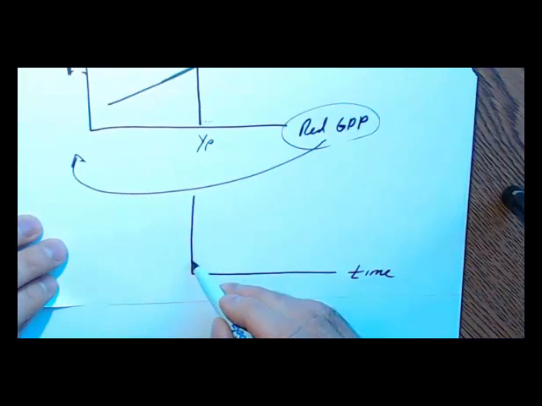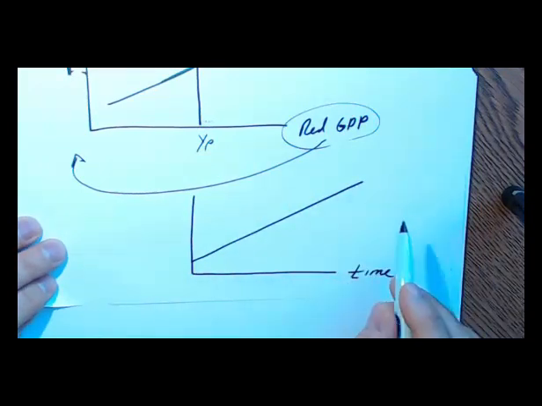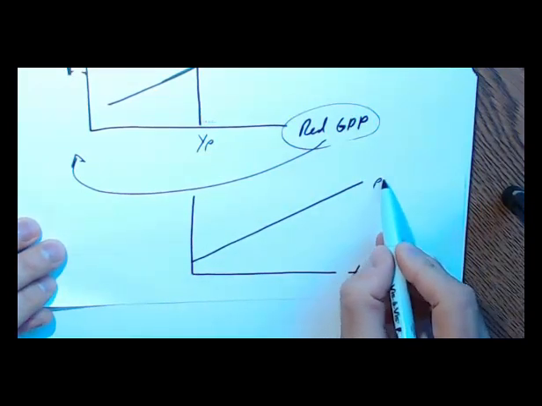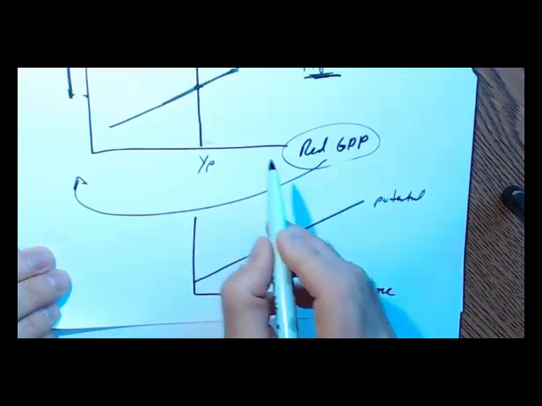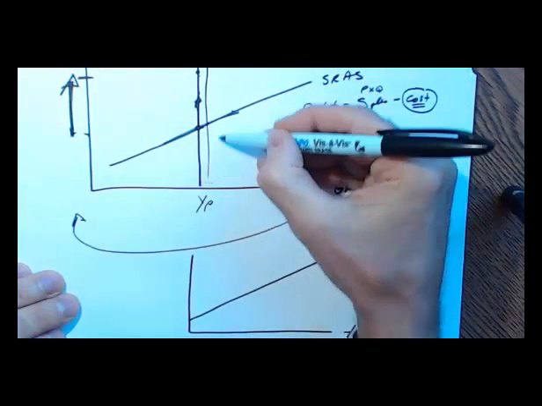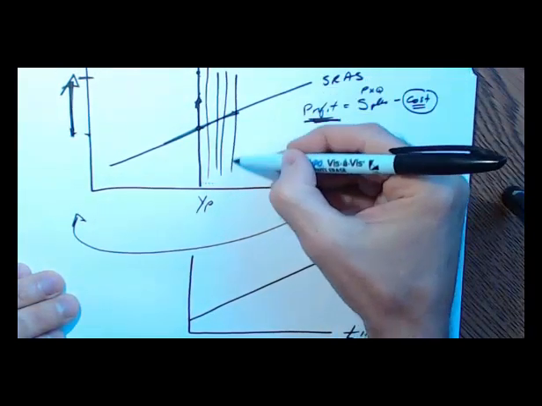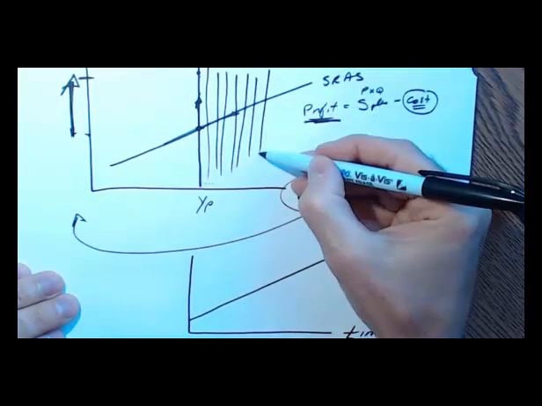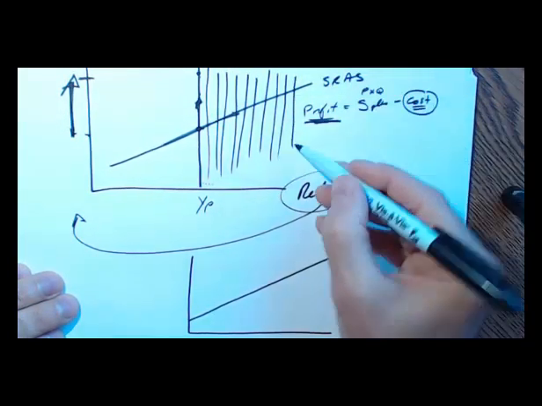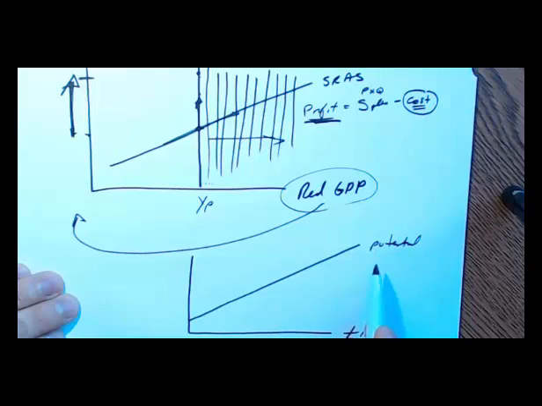So here you can think of the potential GDP over time. Over time, this long-run aggregate supply curve marches outward to the right. Assuming there's economic growth, this supply curve moves out in this direction over time.